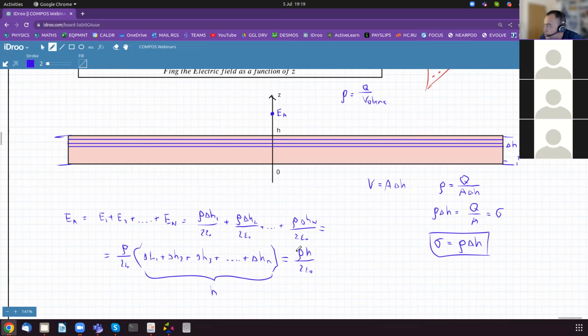I kind of got the general result, because if I have a slab of thickness H, the electric field is going to be rho H over 2 epsilon naught. This is a very similar result to sigma over 2 epsilon naught. So I went from a sheet to the electric field from a slab of thickness H.